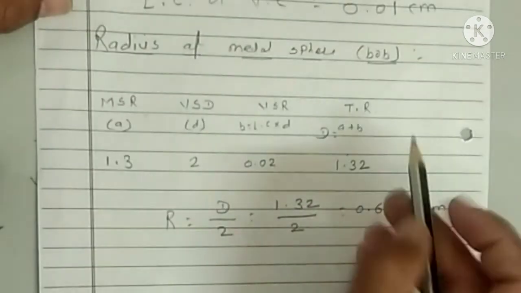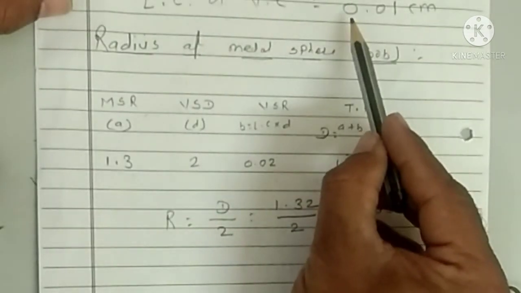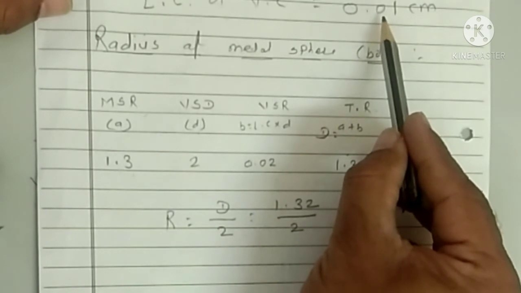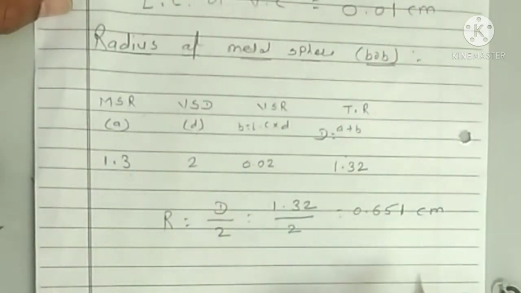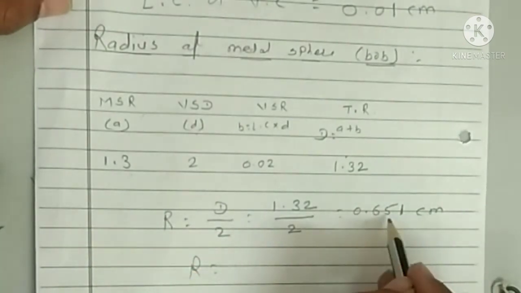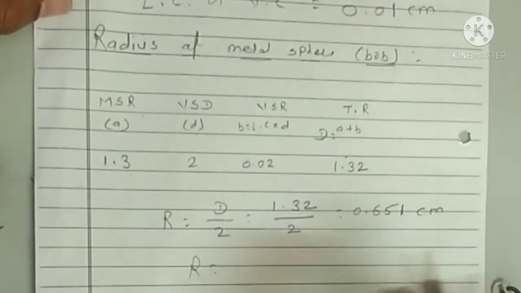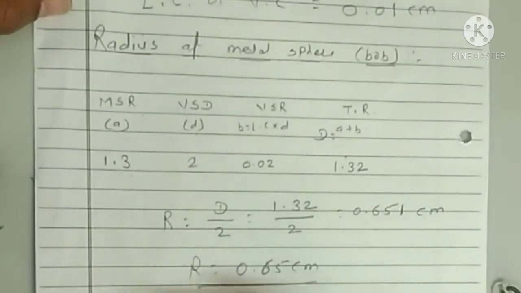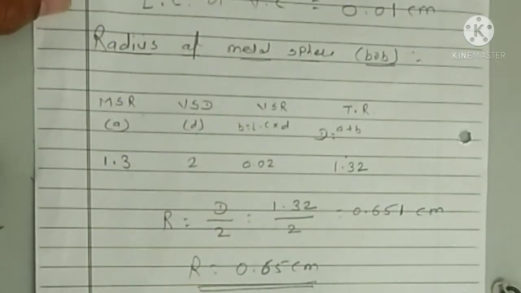But here the least count is 0.01. It means that after the decimal point we get only 2 digits. So for the radius we also take only 2 digits after the decimal point, that is 0.65 centimeter. The radius of the metallic sphere is simply 0.65 centimeter.